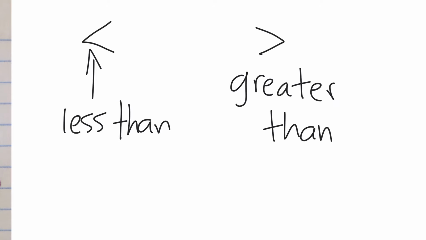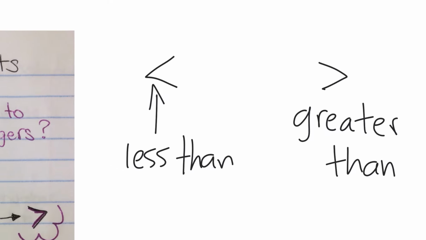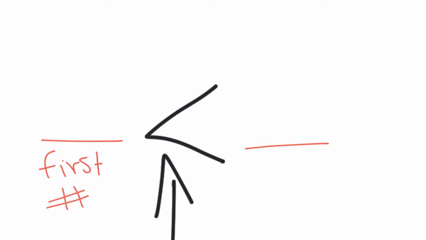Now, as we move forward, it will be very helpful for you to remember what these symbols are called without even having to look at the numbers that are around them. So every time you see one of these symbols, there is always the first number that comes before it, and then the second number that comes after it.